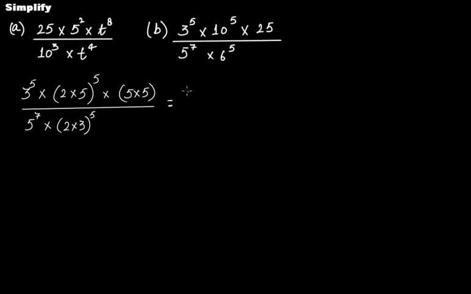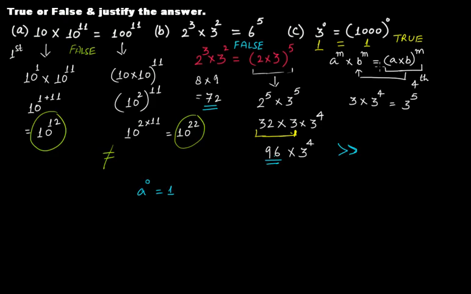So this is 3 to the 5th power. Now again 2 times 5 to the 5th power. If you have a times b to the mth power, this can be written as a to the mth power times b to the mth power, using the fourth law of exponents we have discussed here.